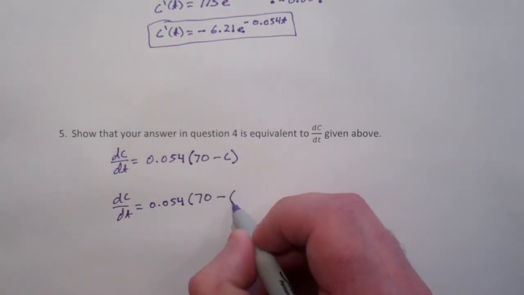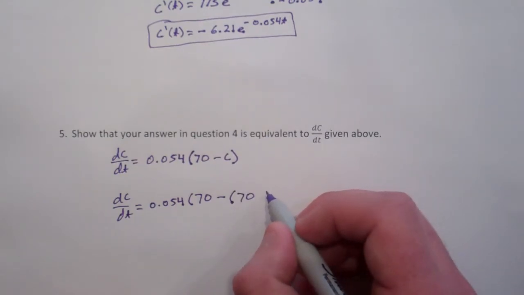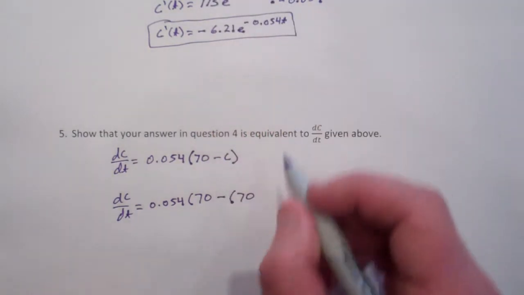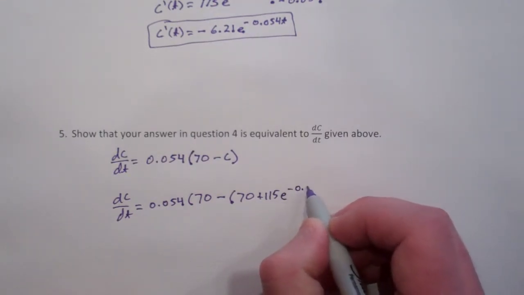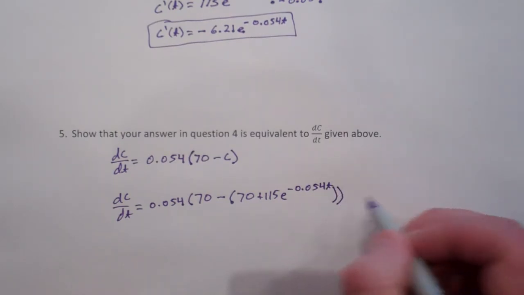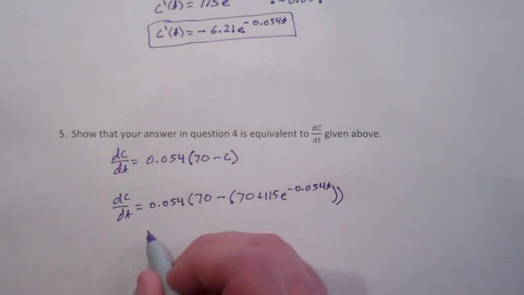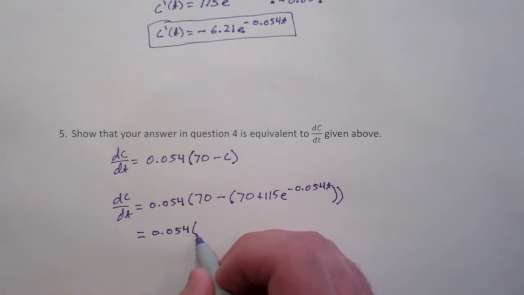70 minus, I have to use another set of parentheses here, and we're going to have c of t, which is, if we look up here, 70 plus 115 times e to the negative 0.054 t power. We'll close that off with a double set of parentheses. And if we continue to work with this a little bit, I can see something that's going to happen on the inside right away.